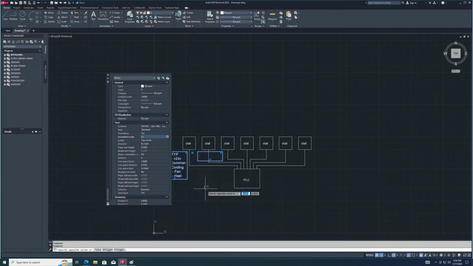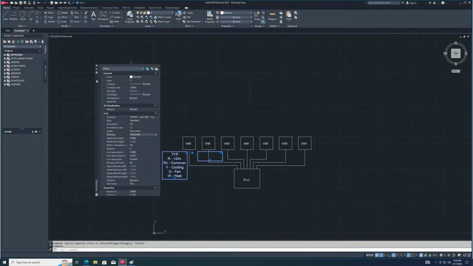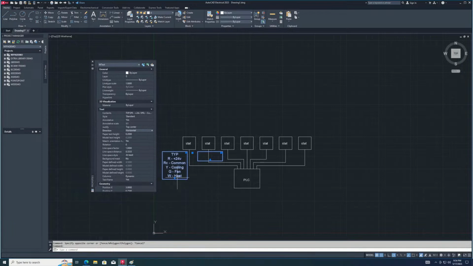Annotate. Now, so if we look here, we should have an annotation line.